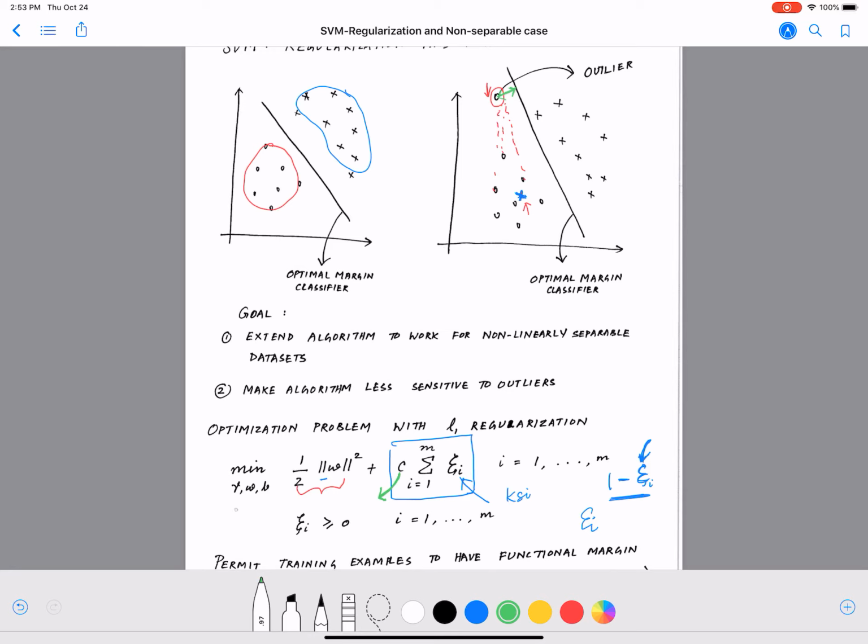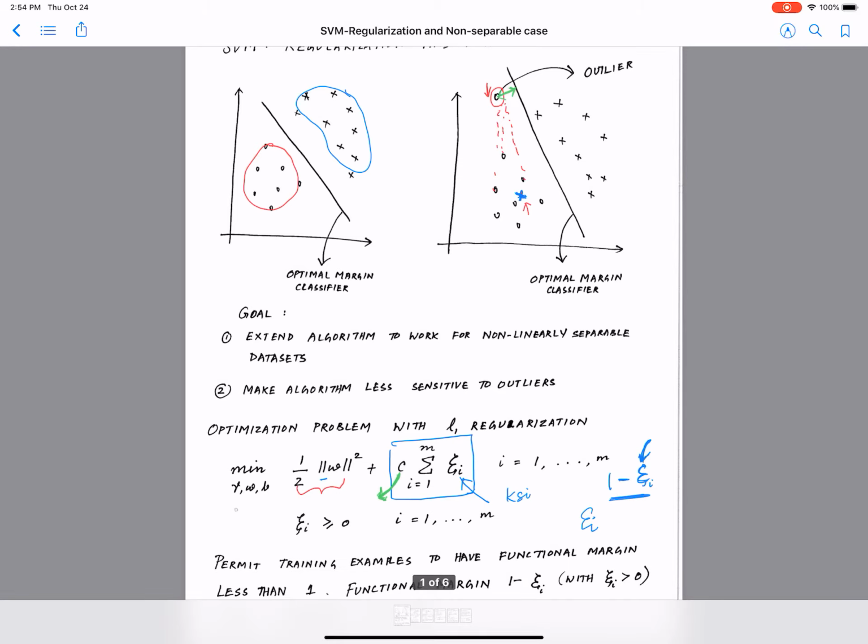If we have a low value of C, then we are prepared to allow more slack, because this entire quantity is what we are trying to minimize. So it's sort of like our regularization coefficient lambda, which we add to the weights. C is very similar to that. It serves as a coefficient for our slack variable.